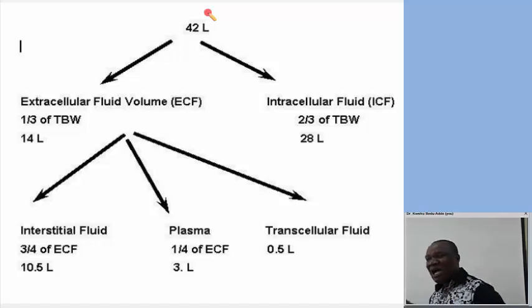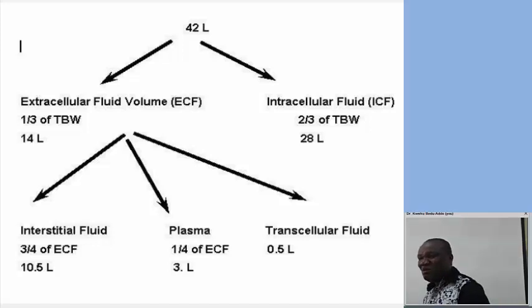I mentioned that the extracellular fluid volume is divided into three sub-components. We have the interstitial fluid, which is three quarters of the total extracellular fluid, and three quarters of 14 liters is 10.5 liters.